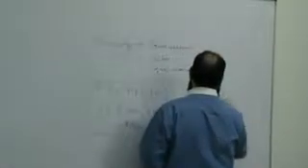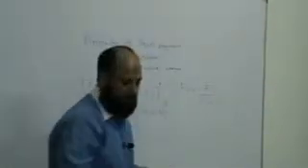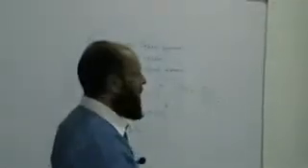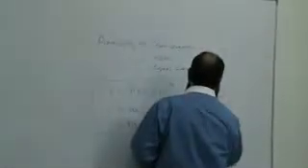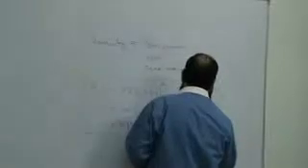So using the same formula we can find out the present value. If we derive present value from the same formula, present value is equal to future value divided by (1 plus I) raised to the power n. We know 100 is the future value, 1 plus 0.10 raised to power 3.